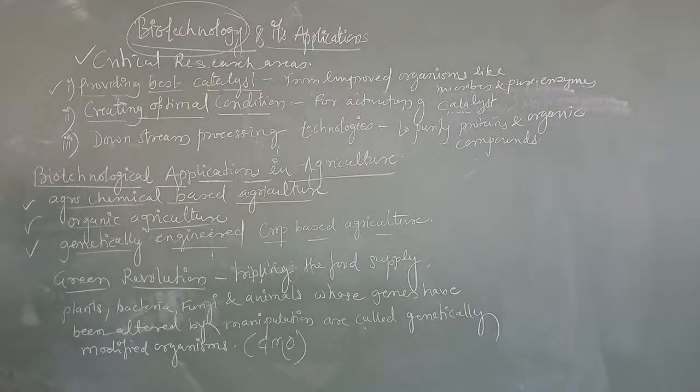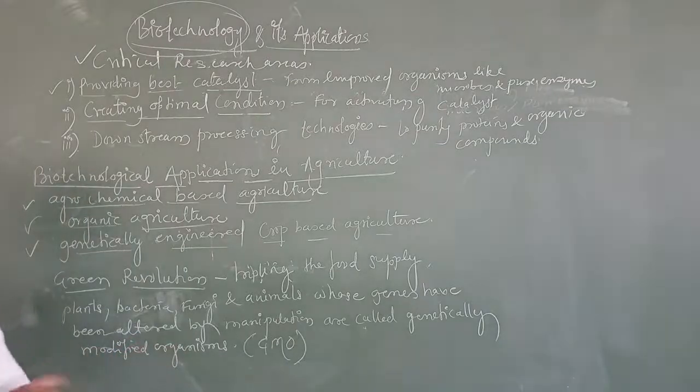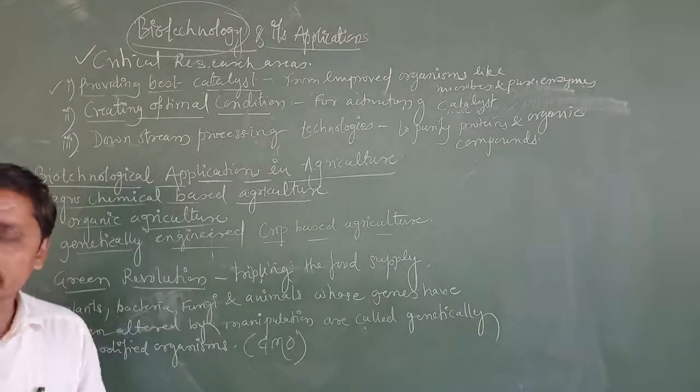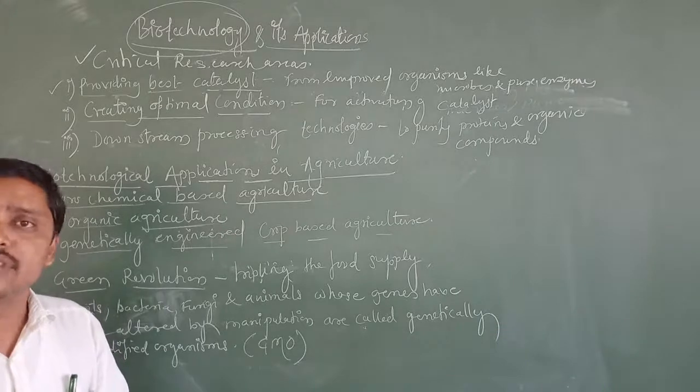In the sense, through biotechnology you can go for the production of chemicals, that is agrochemical based agriculture. Then organic agriculture, in the sense, by natural means you manipulate the crops and modify them, and you get a huge quantity of what we call yield.